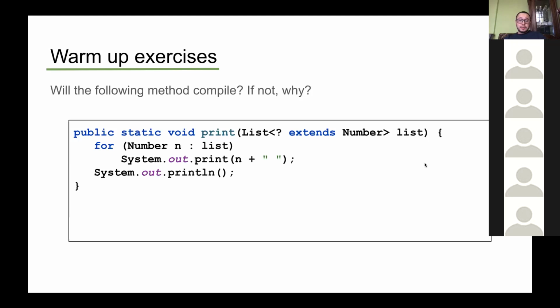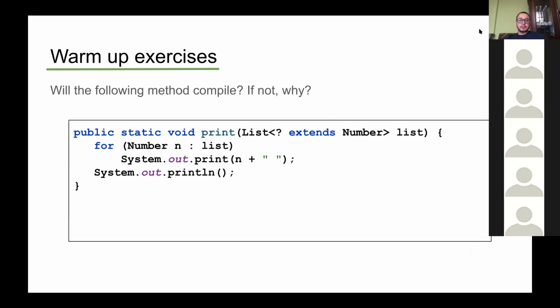It is legal to use a question mark here, and the question mark extends Number. Who knows what that means? The list of any object that is derived from Number.